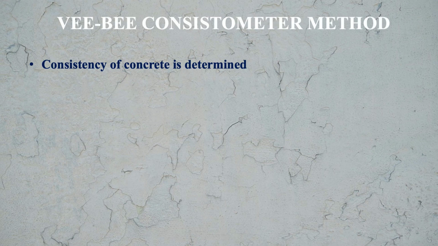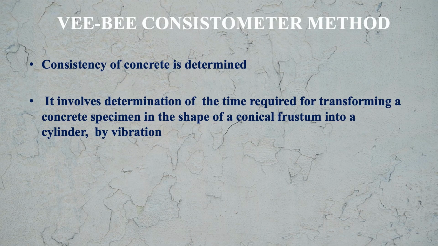Now our next method for measurement of workability is the VB consistometer method, or VB consistometer test. The consistency of concrete is determined by this method, which focuses on measurement of the consistency of concrete. It involves determination of the time required for transforming a concrete specimen in the shape of a conical frustum into a cylinder by vibration.